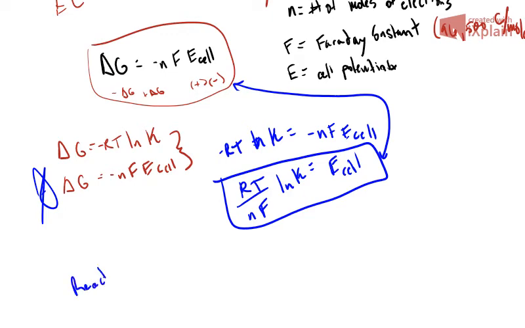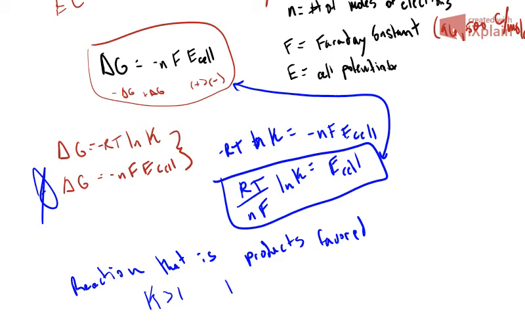Now, if we have a reaction that is products favored, meaning our K is greater than 1, then we are going to have a positive cell potential, and that means it is a spontaneous reaction.